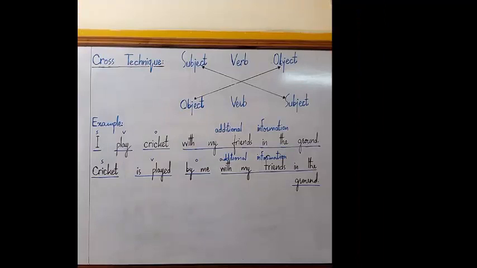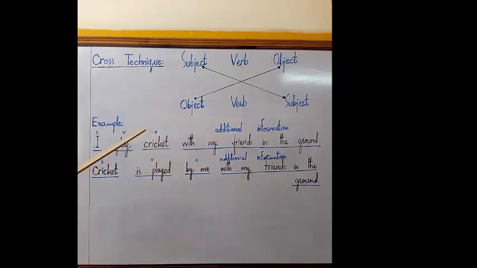Now we can further see with the help of an example how we can apply cross technique on an active sentence while converting it into a passive sentence. I play cricket with my friends in the ground. As I told you earlier, I is the subject here, play is the verb, and cricket is an object. While with my friends in the ground is additional information, so we make no changes in additional information.